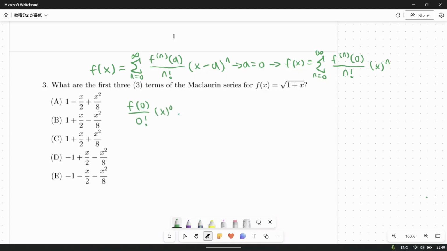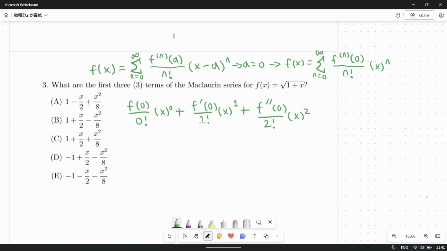And then you're going to add the first derivative, f prime of 0, since that's n equals 1, over 1 factorial times x to the first power, plus f double prime of 0 over 2 factorial times x to the second power.